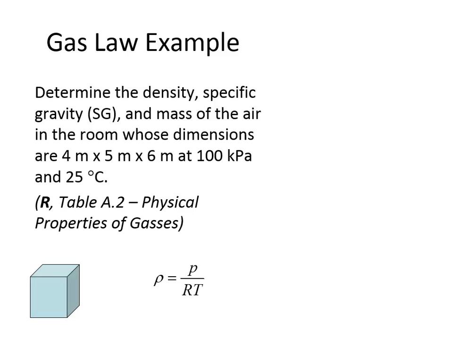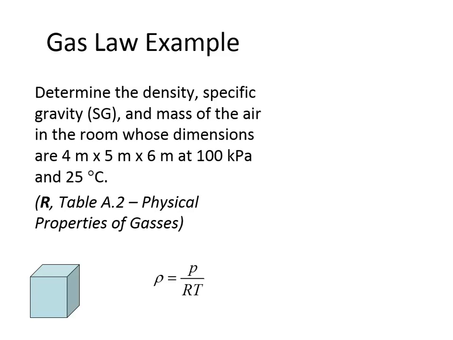And finally, what's the mass of air in the room? Well, we know the volume of the room through calculating 4 times 5 times 6, and we want to multiply that by the density to find the mass. And so the volume is 3 times 4, why do I keep saying 3?